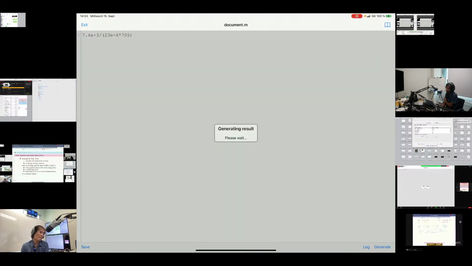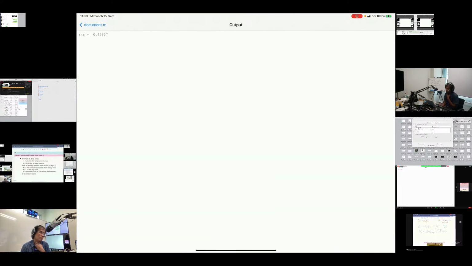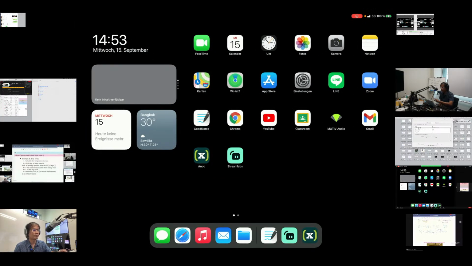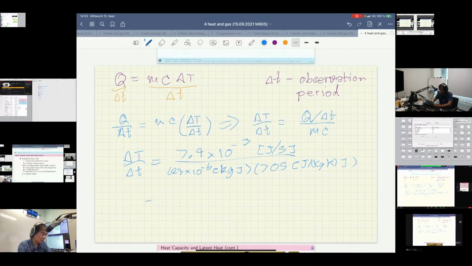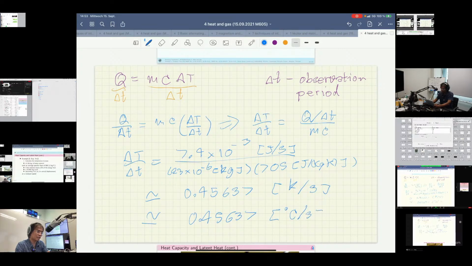Yeah, it's 0.45637. It's Kelvin per second. It's the same thing, 0.45637 degree of Celsius per second. And yeah, that's the result.